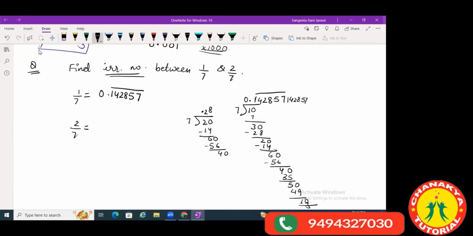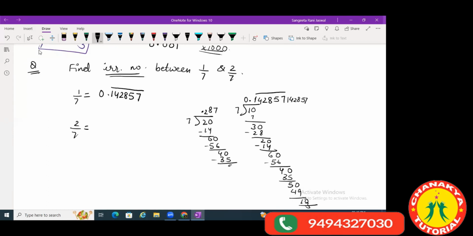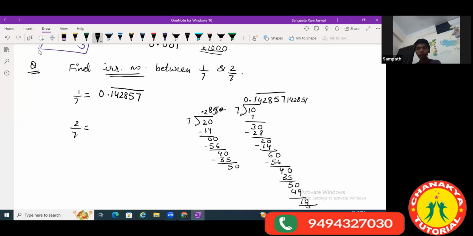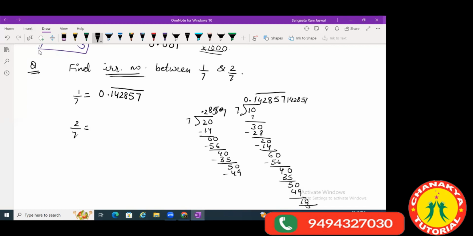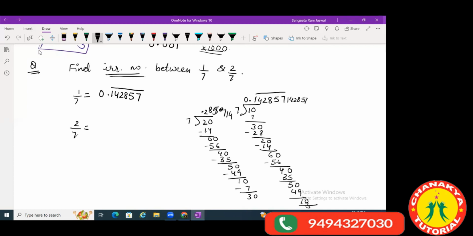Then 4, 0. 7 5s are 35. Then we have 5, 0. 7 7s is 49. Then 1, then 0. Then you have 7 1 is 7. Then 3. Then you have 7 4 is 28. And here you have 2. When you got 2, that means again the same series will follow.